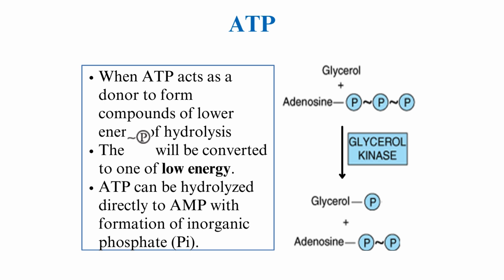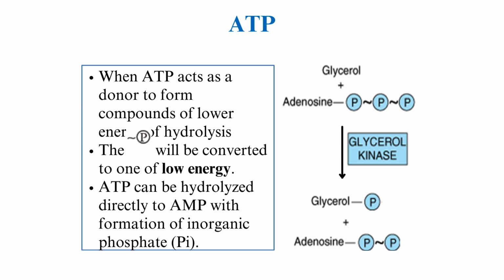When ATP acts as a donor to form compounds of lower energy of hydrolysis, the high energy phosphate will be converted to one of low energy. So this is ATP with its two high energy phosphates.